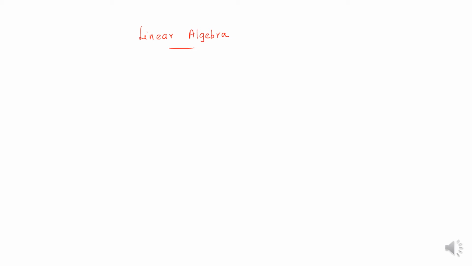So linear algebra. What is linear algebra? It is a branch of mathematics. It deals with matrices, system of equations, then vector spaces.